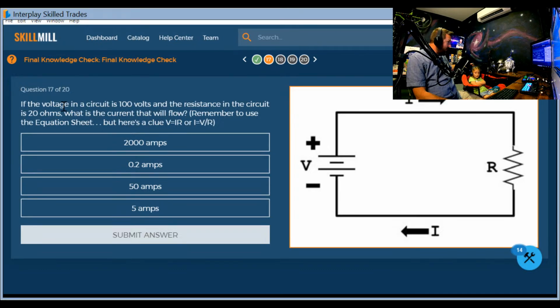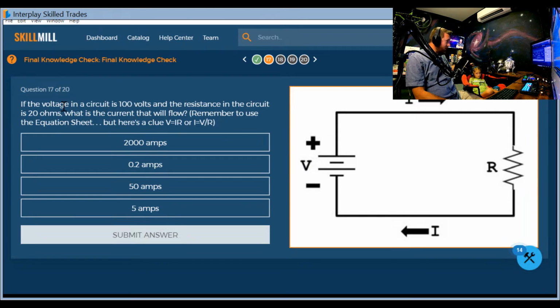Okay. If the voltage in a circuit is 100 volts and the resistance in the circuit is 20 ohms, what is the current that will flow? Remember to use the equation, but here is a clue. So, we're trying to figure out how many amps are going to go through that. So we're going to do 100 times 20, and that's going to give us what?